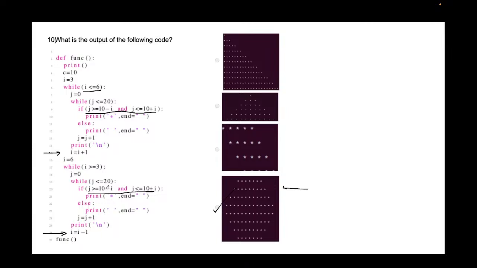Because of this difference, the range of j is incrementing till a certain point, and then afterwards it's getting constricted again and again.